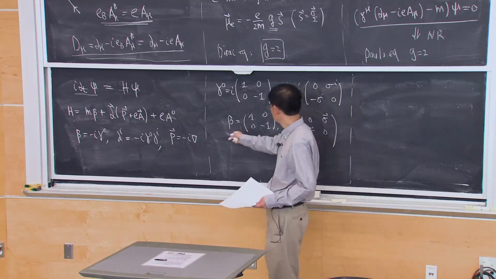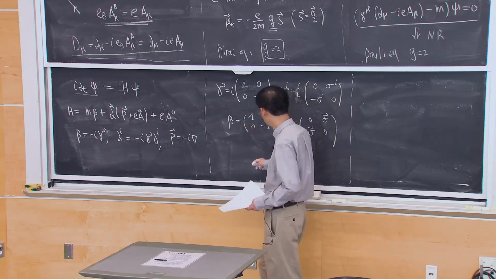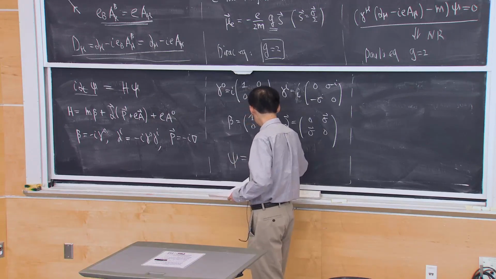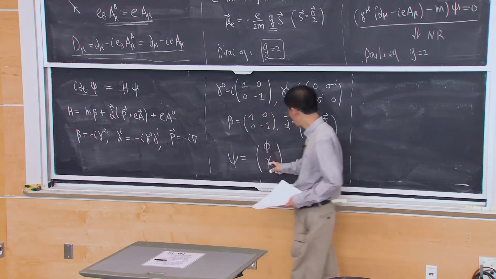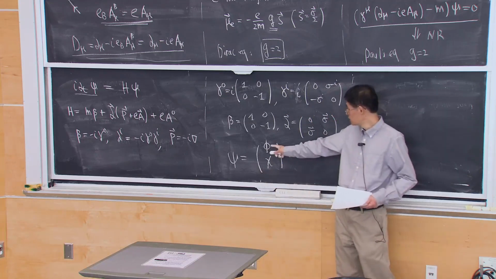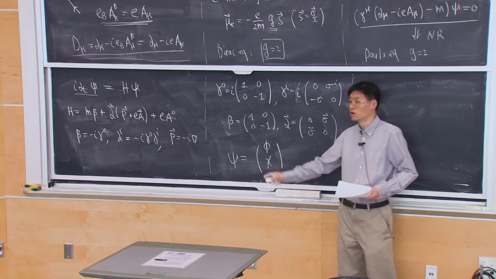Now let's also write psi in terms of two components. Each of phi and chi has 2 components, altogether 4 components, so psi is written in terms of 2 upper components and 2 lower components.